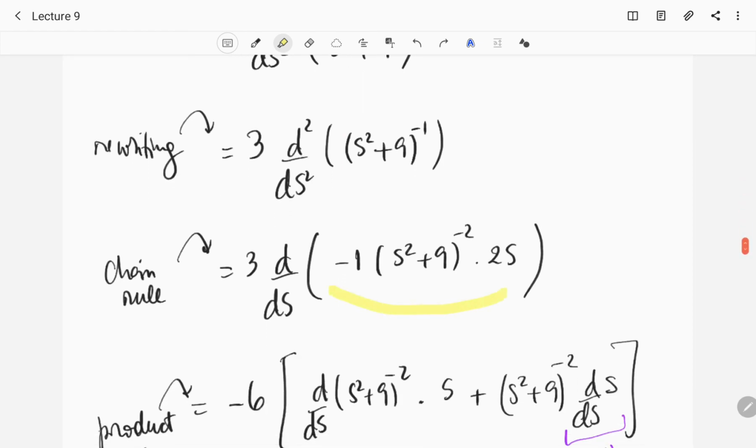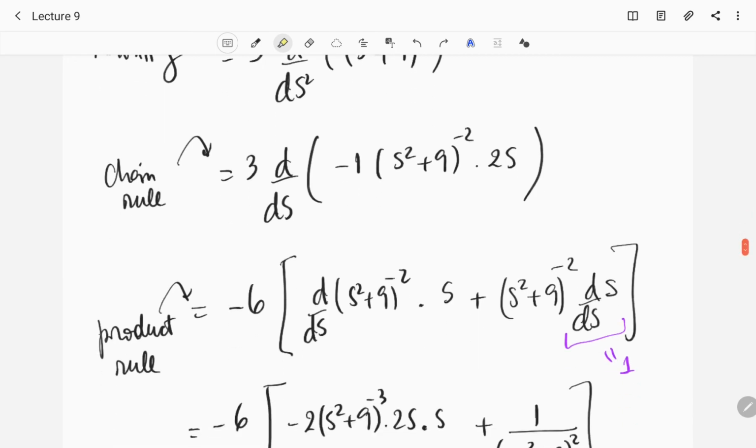And here we have the first derivative where we use the chain rule. And then we have to differentiate one more time. So I'm not going to read all the computation, but here we're using the product rule because we have this function times this function.